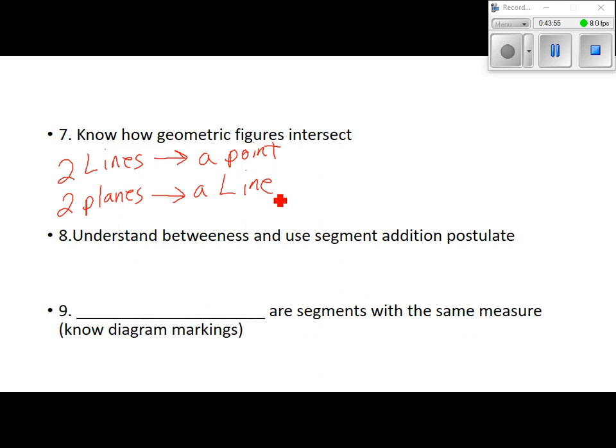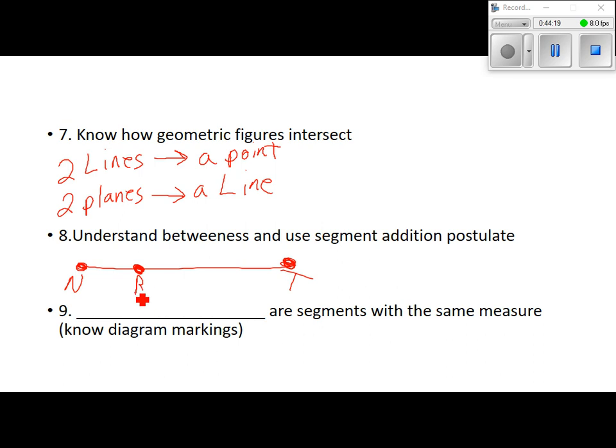Understand between this and use segment addition. We got point N here, point T. If they tell us point B is between those 2, where's point B going to be located? Does that have to be right in the middle? So point B might be somewhere like this.